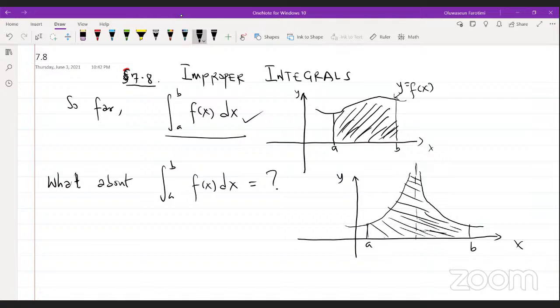What if we have this type of geometry? What happens now? Or the case where this should be over here, this should be infinity. So what if I have A to infinity? Or I got this situation.